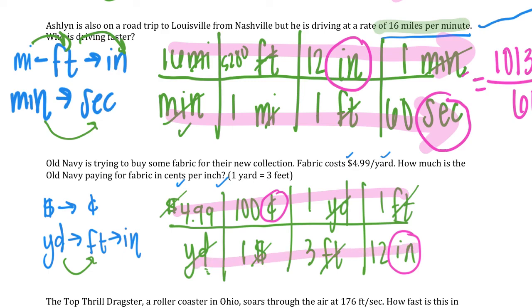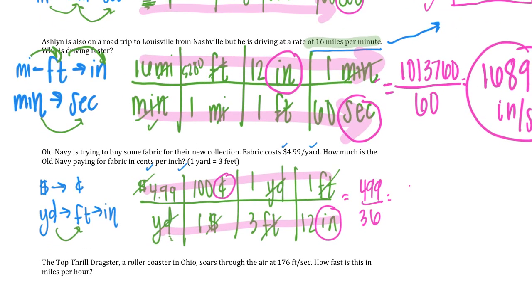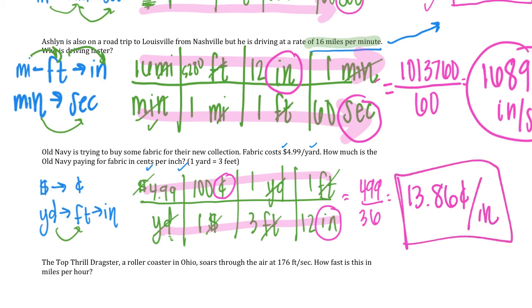Multiply, multiply. So we have 499 divided by 36, because 12 times 3 is 36. And you should get 13.86 cents per inch. Make sure you label your final answer.